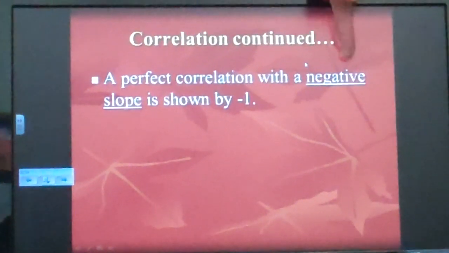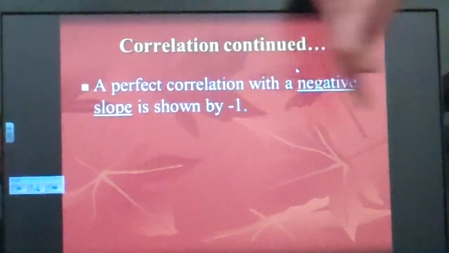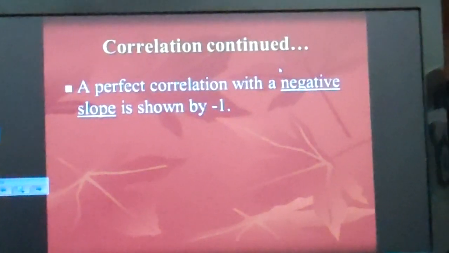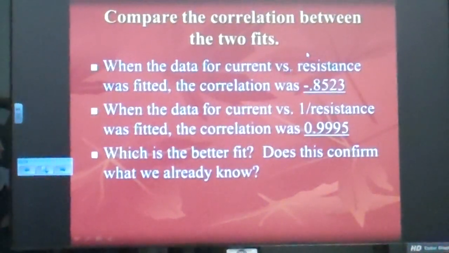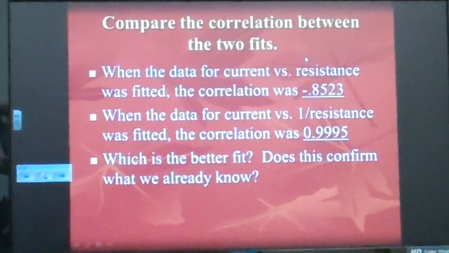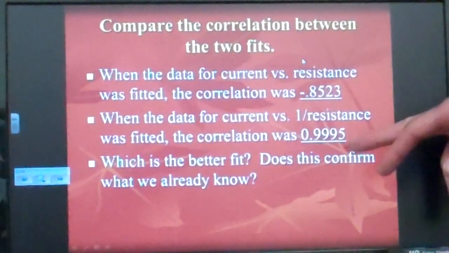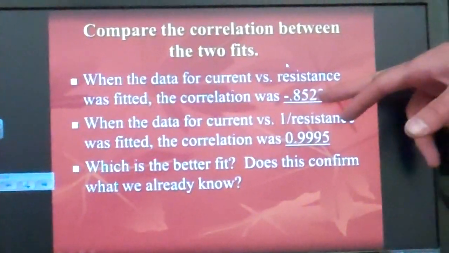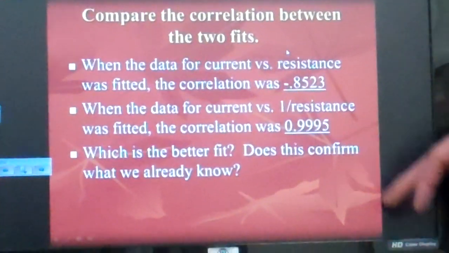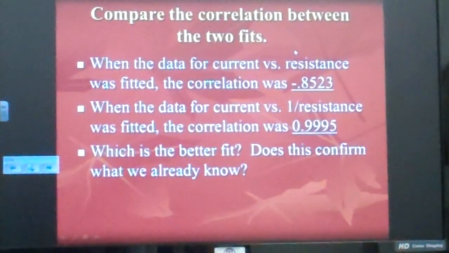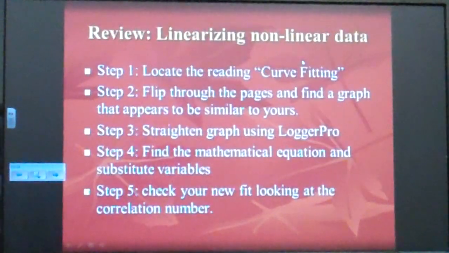Perfect correlation with a negative slope is shown by -1. I just want to make sure you get that into your notes there. Okay, and then there's the comparison between the two fits. I already have done that. So negative 0.85 and 0.995. And yes, this confirms what we already know, like we just covered.